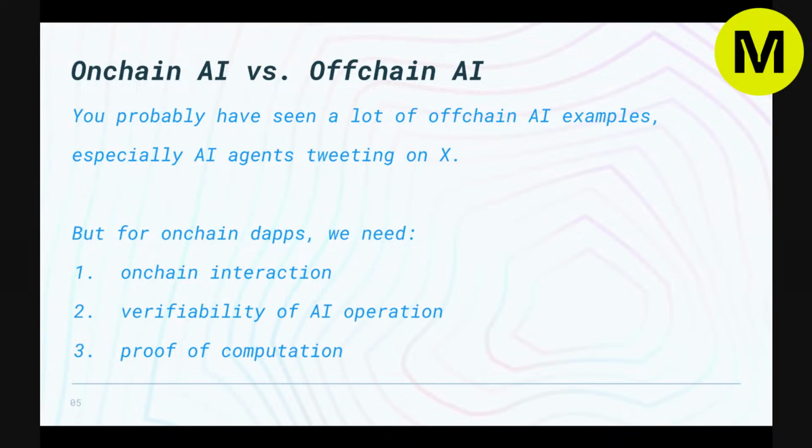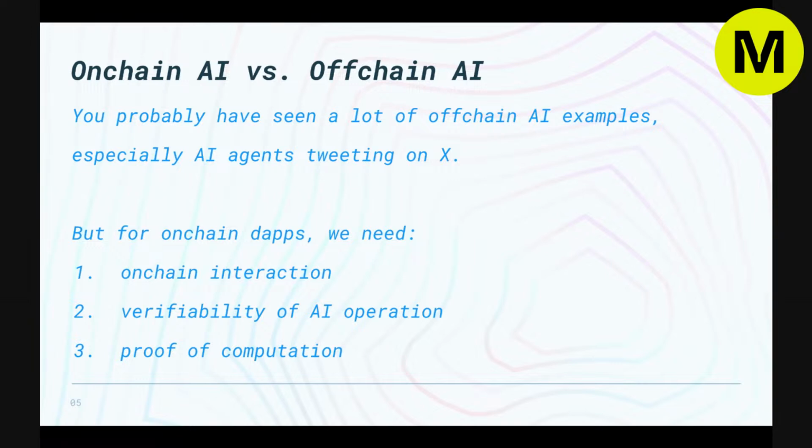For the applications of on-chain AI and how we enable it, we will talk about that later. But from the very start, when we think about having on-chain apps, we will need these types of characteristics. So first, we need the on-chain dApps to be able to interact on chain.